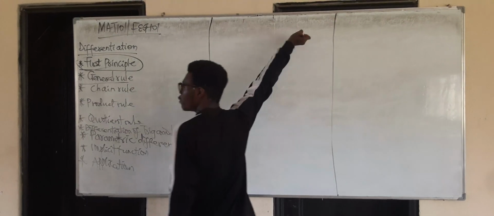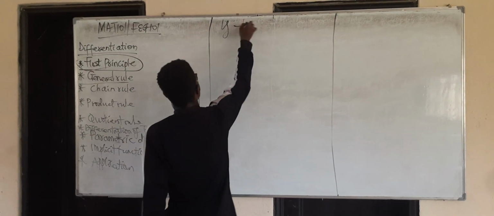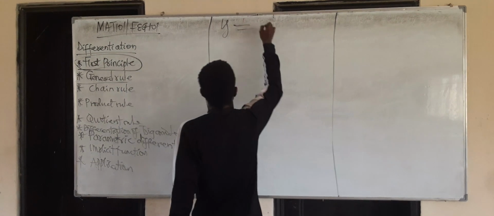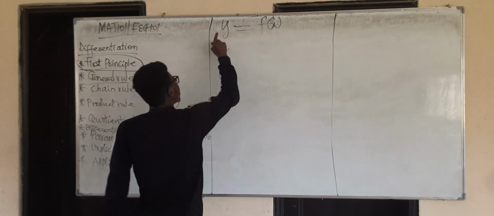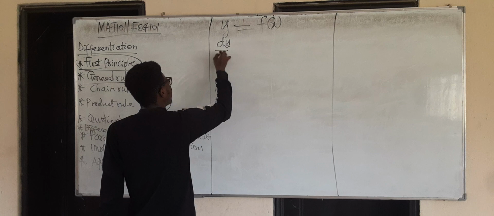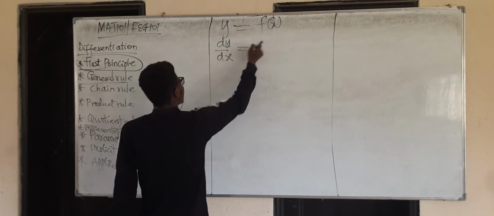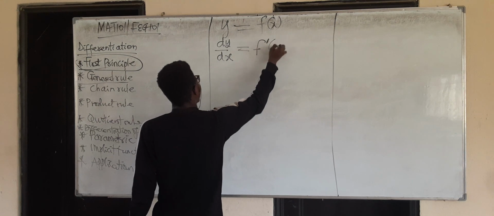Alright. If you have y equal to a function, let us say equal to f of x, and you differentiate both sides, you are going to have dy over dx equal to f prime x.